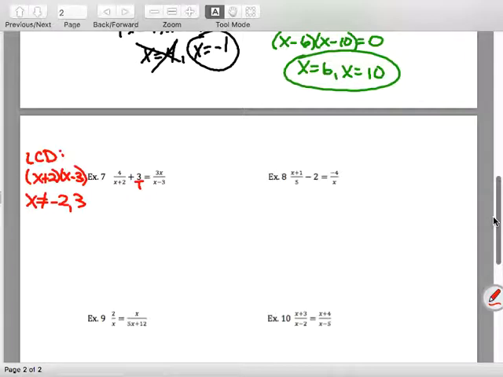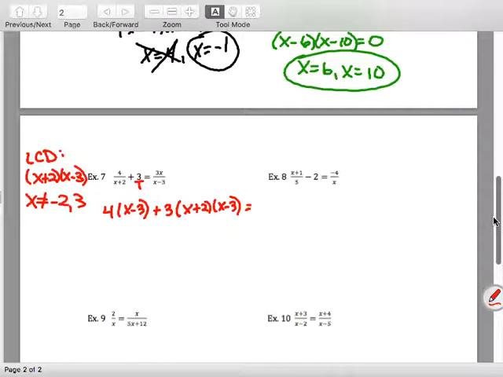When I mentally multiply by this LCD, that's 4 times x minus 3 plus. Now, nothing cancels on the 3. So you still have to multiply it by x plus 2, x minus 3. I did not say you multiply fractions by the LCD.